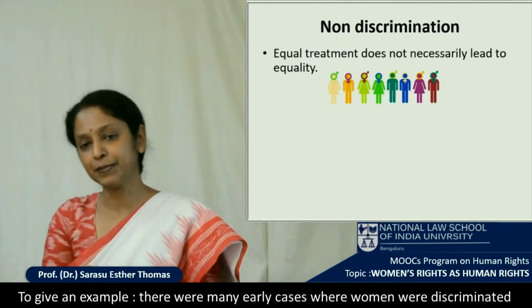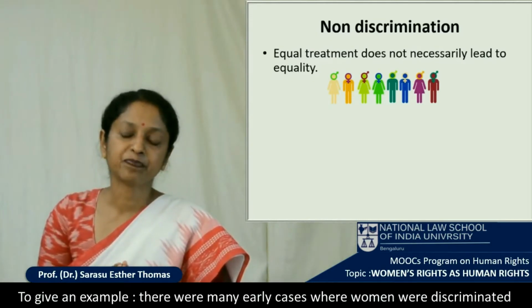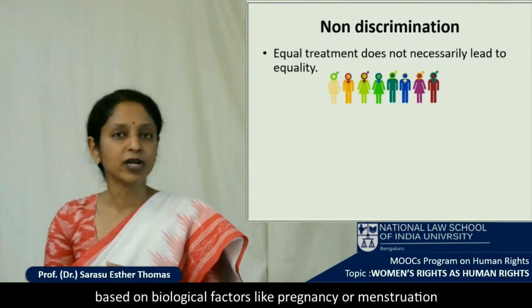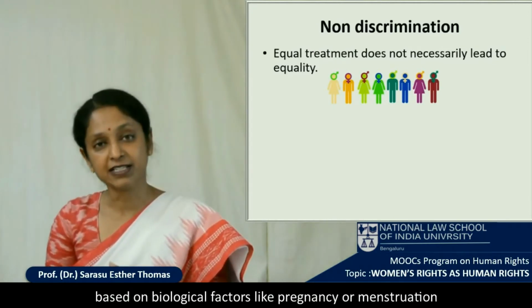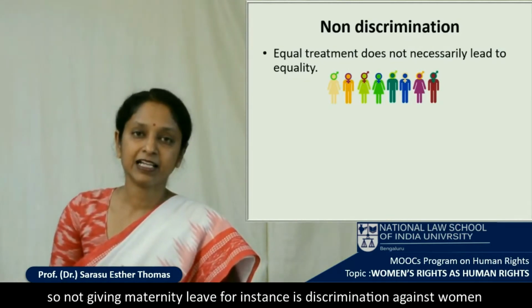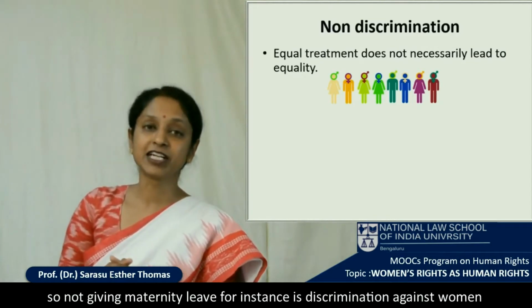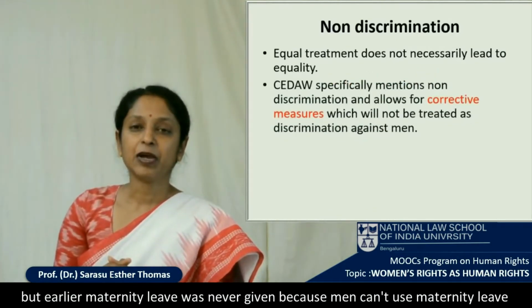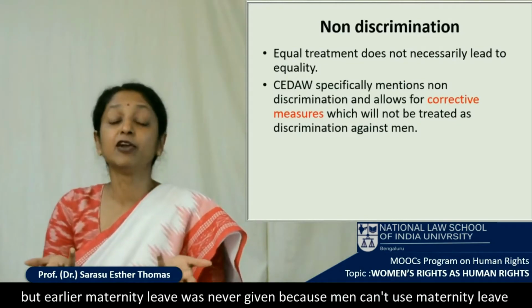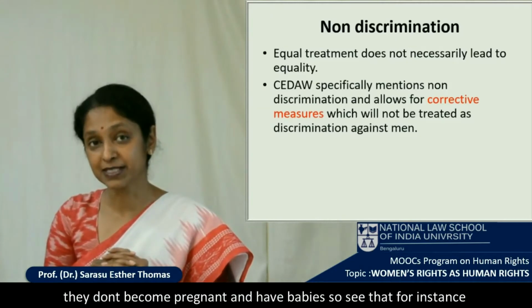To give you an example, there were very many early cases where women were discriminated against based on biological factors like pregnancy or menstruation. So not giving maternity leave, for instance, is discrimination against women. But earlier maternity leave was never given because men cannot use maternity leave. They don't become pregnant and have babies.